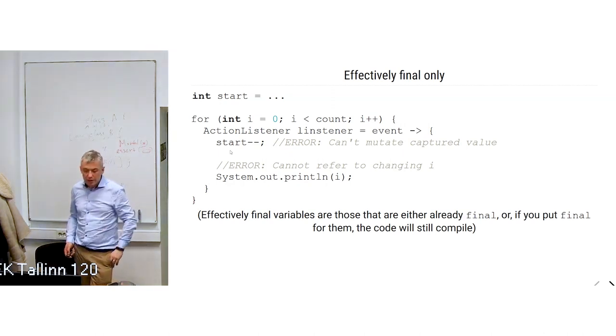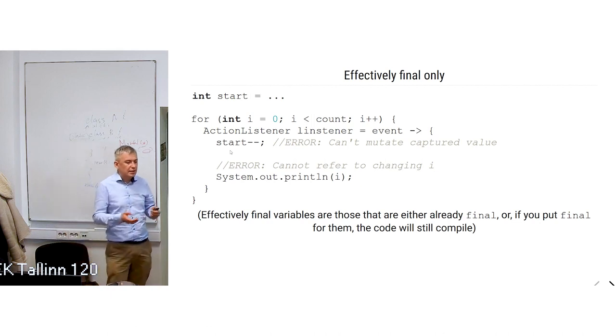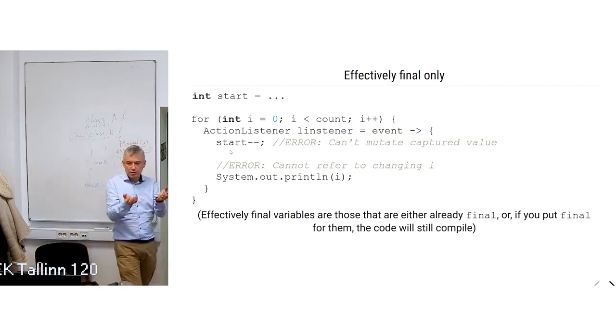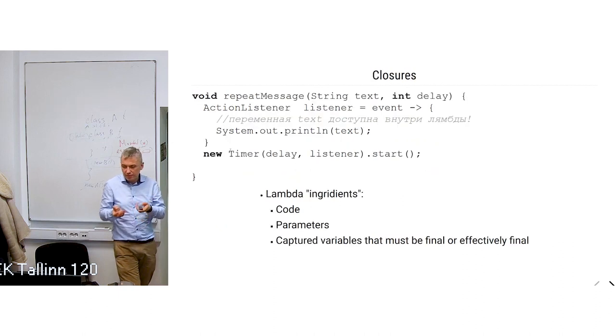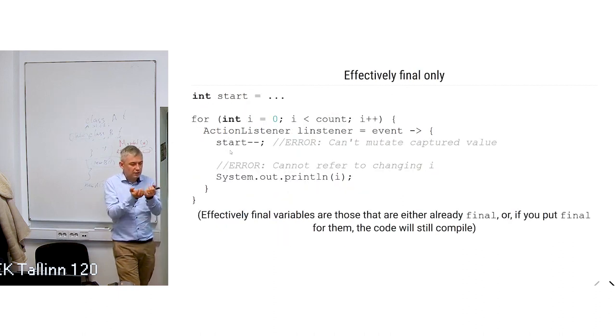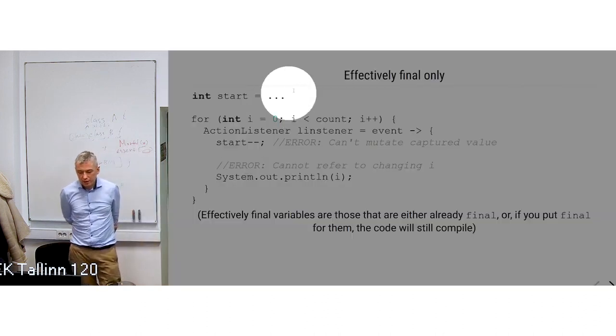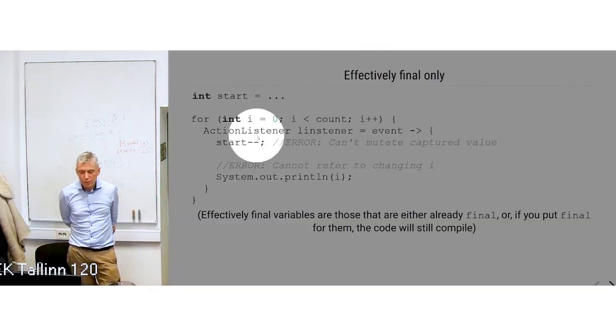Because what Java expects from us is that the captured values are actually constant values, so they won't ever change since they are assigned before the invocation of the method that accepts the lambda. So this will end up with the error can't mutate captured value, and this will end up with a compilation error. You cannot refer to a changing i, because here i is changing.